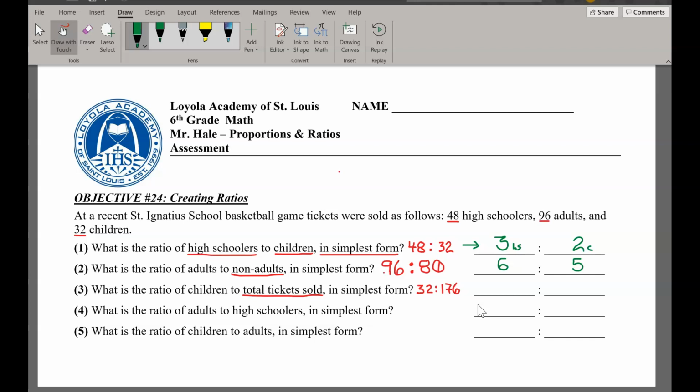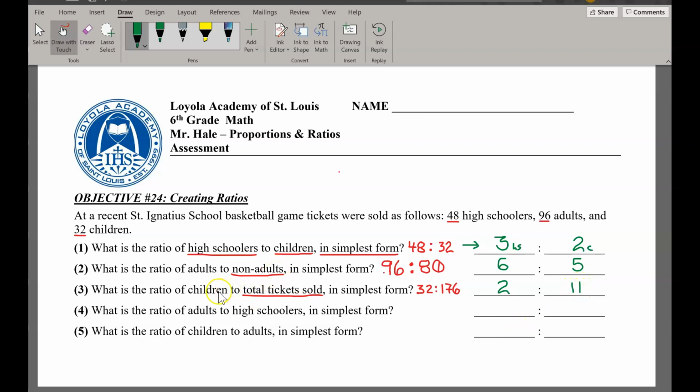It just happens to be in this set of numbers, it always can be divided by 16. So we're going to simplify these by 16 again. What's 32 divided by 16? Well, that's 2. And 176 divided by 16 simplifies to 11.